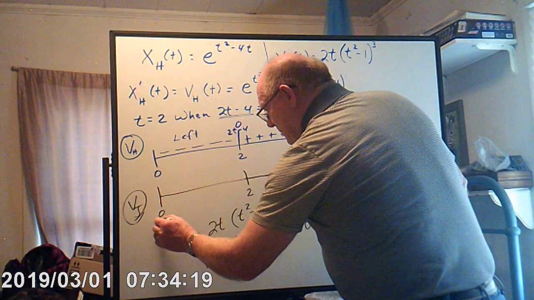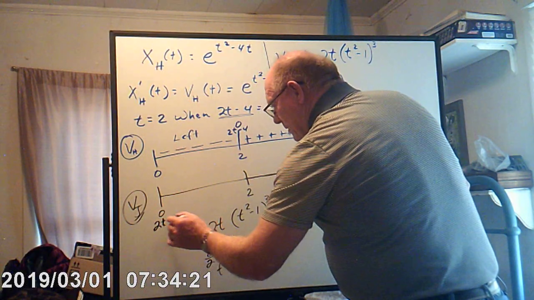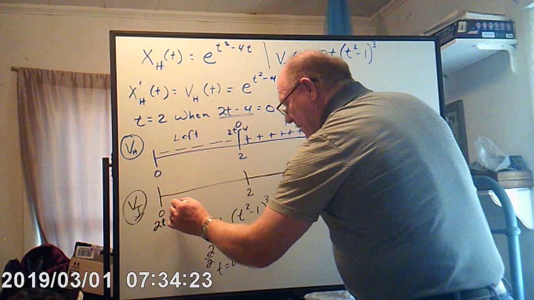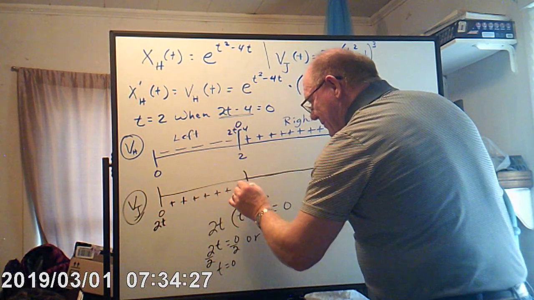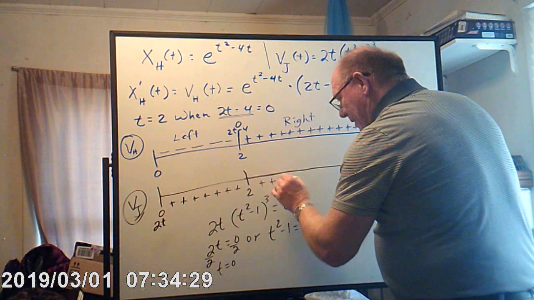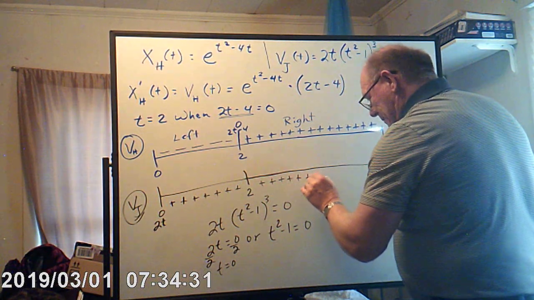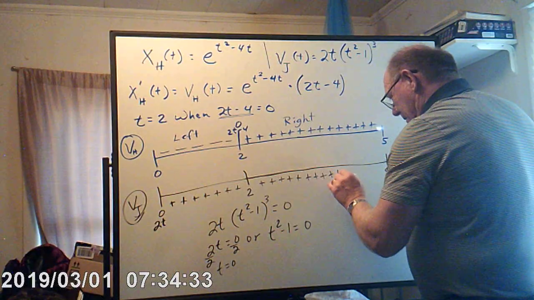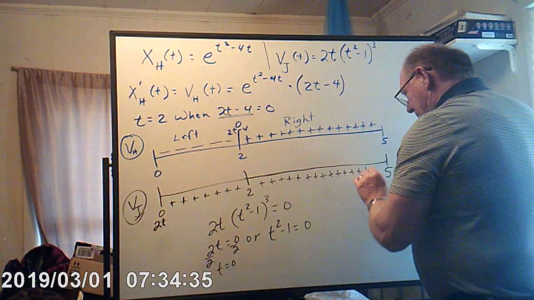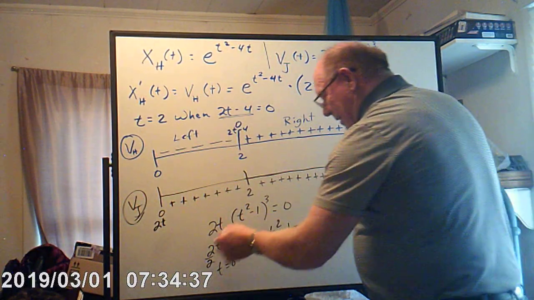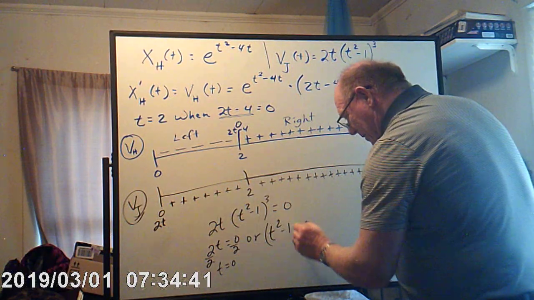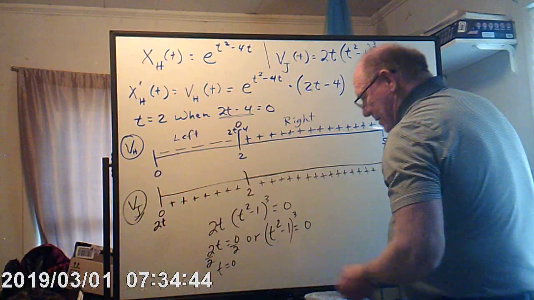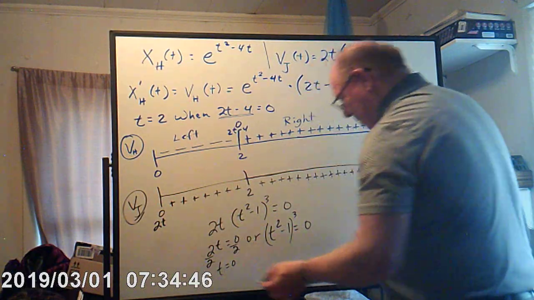We can put 2t right here, and we know it's 0. Everything all the way across from 0 to 5, you plug it in, it's going to be positive. That means it's always going right, 2t.